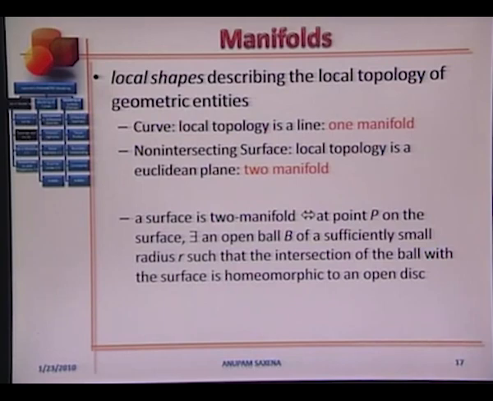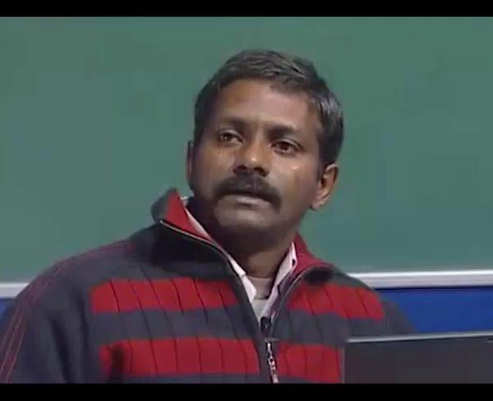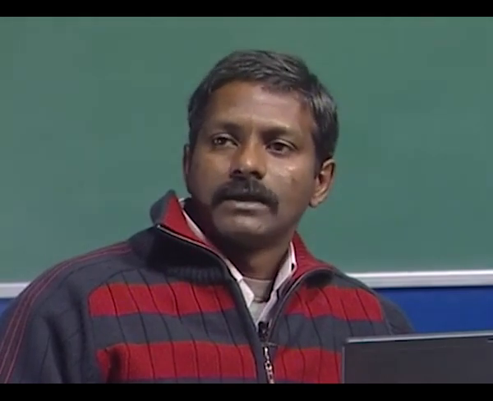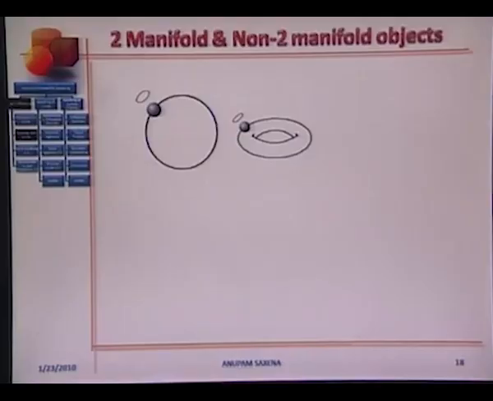So if you remember what an open ball is, it's a collection of all the points within the ball and not on the surface of it. Consider a sphere, for example. Take an open ball, intersect it with the surface of the sphere, and the result of that intersection would be an open disk.